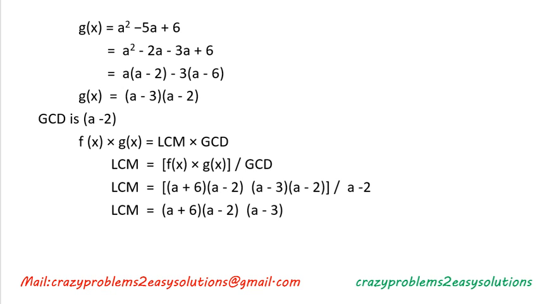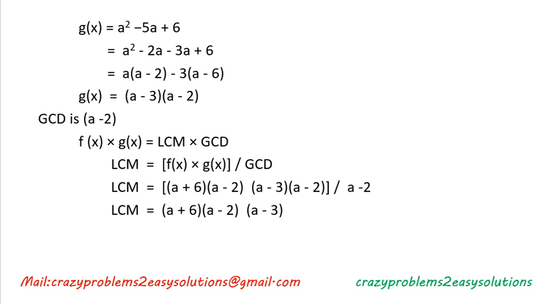Then we put minus 2 and minus 3. Using the splitting method, a square minus 2a minus 3a plus 6. Taking out the common terms, finally we get a minus 3 into a minus 2. Here the GCD is given: a minus 2.